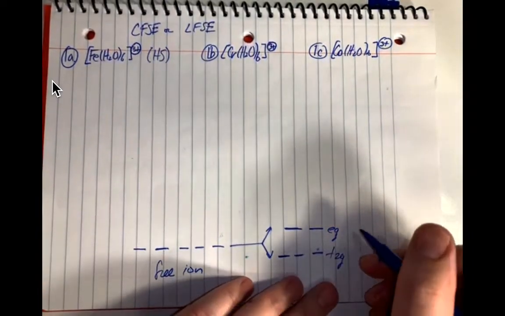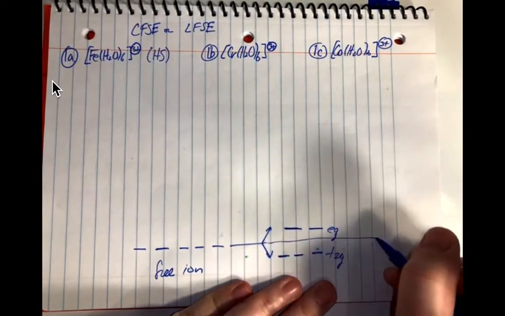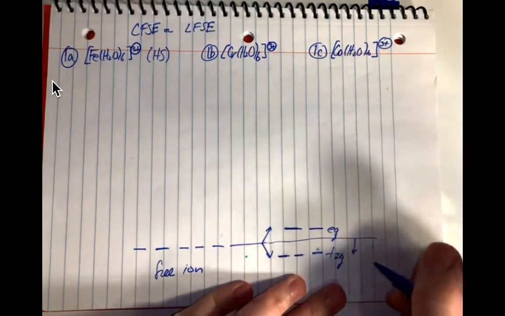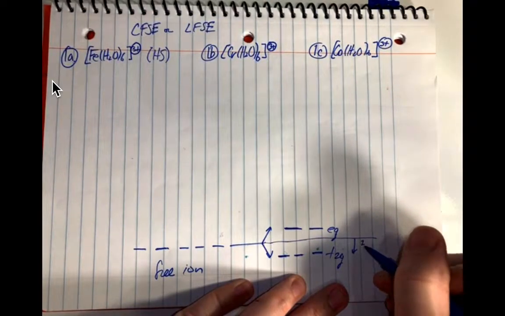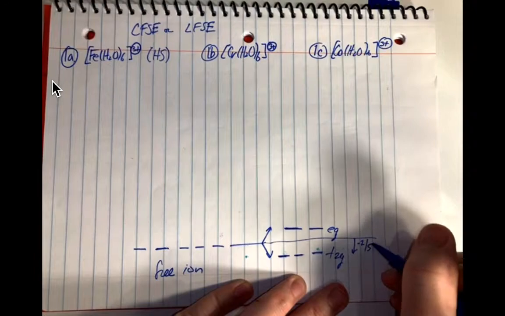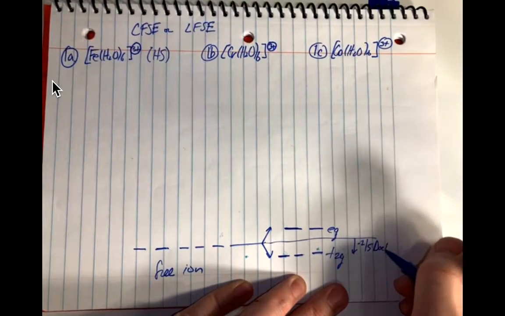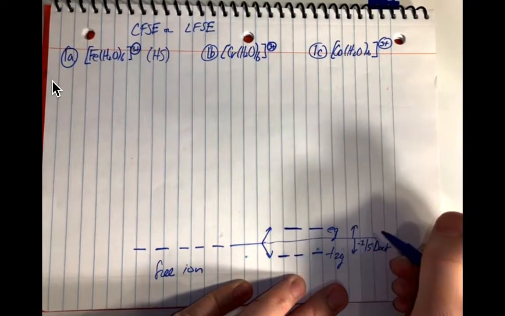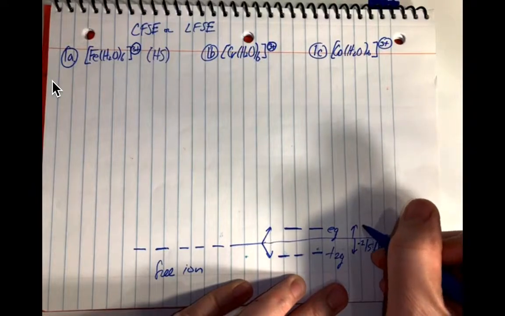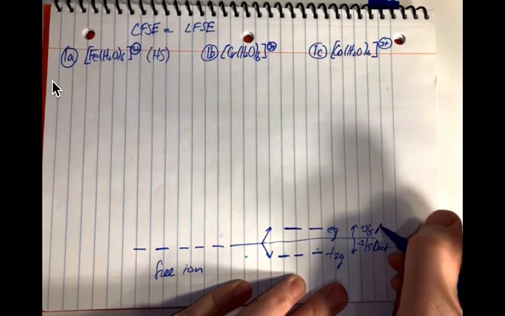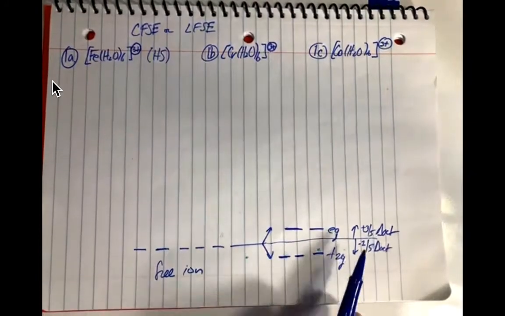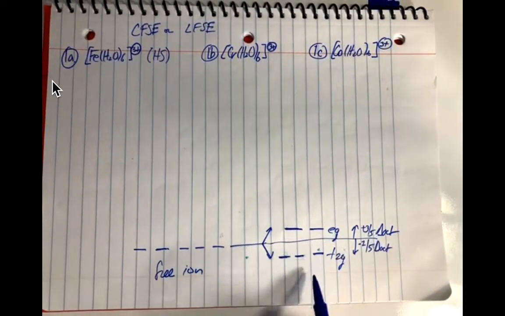And in this process, the three orbitals go down, they decrease in energy by minus 2/5 delta oct, and the two orbitals go up by 3/5 delta oct. And so using this and then populating these orbitals, we can calculate something called the crystal field stabilization energy.